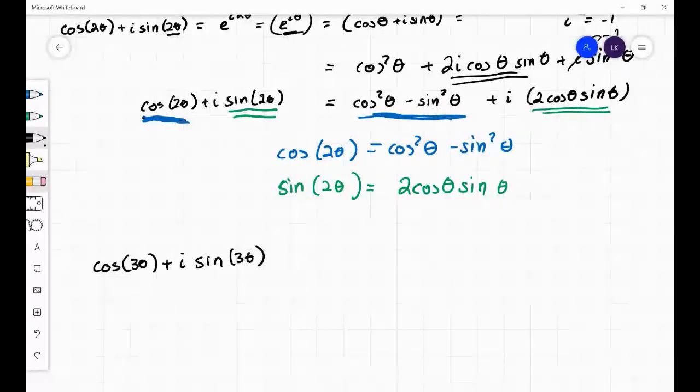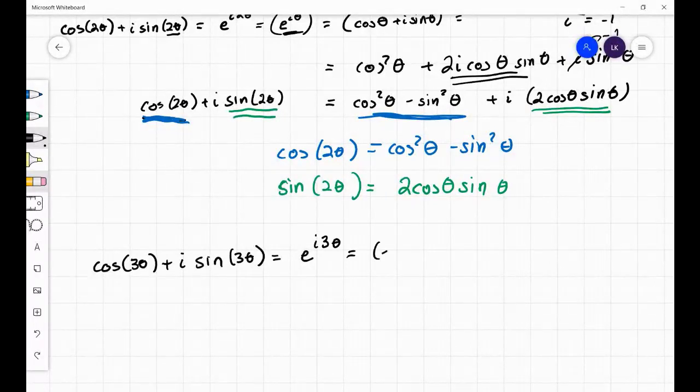Exactly the same process. Wrap this up into a complex number, use Euler's identity, use properties of exponentials, rewrite what's inside the parentheses using Euler's identity again, apply binomial expansion, so I'll just do that quickly.